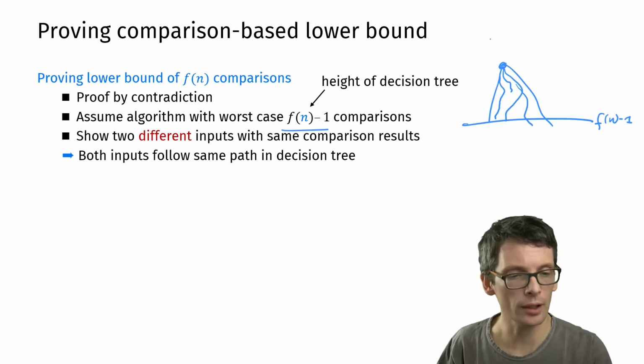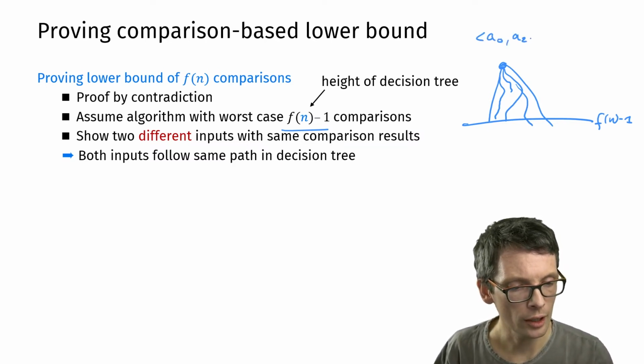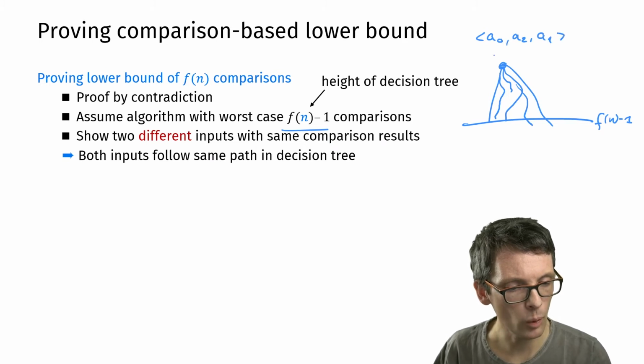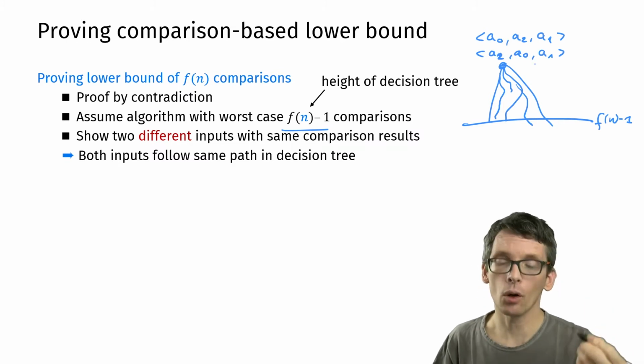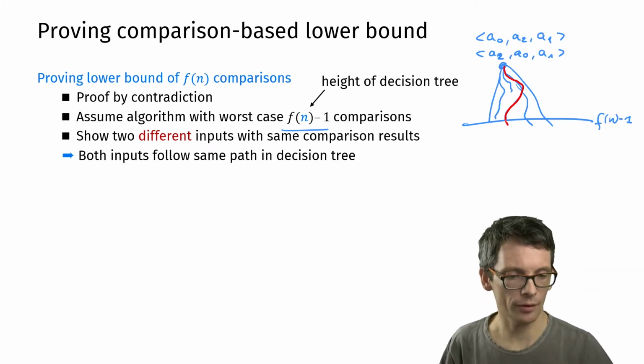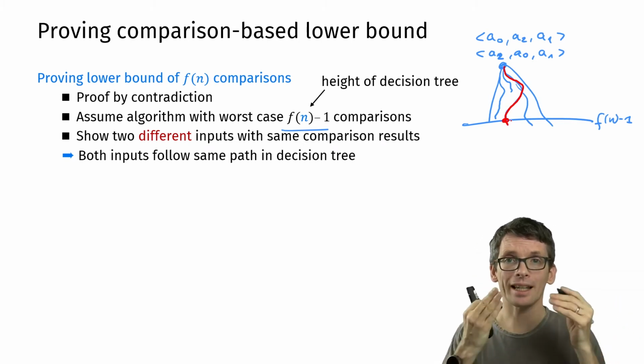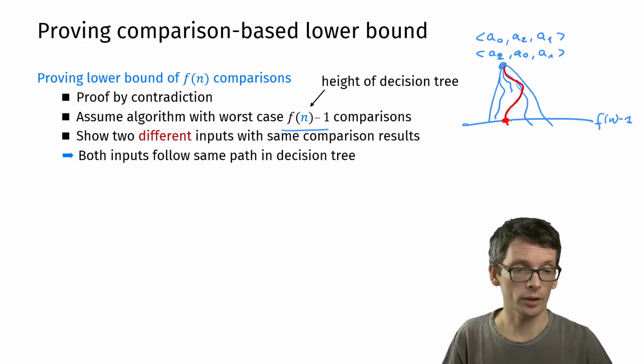So imagine, for instance, you had A0, A2, A1, and A2, A0, A1. And I know that both of these follow exactly this path. It means that the algorithm does exactly the same thing on these two inputs.